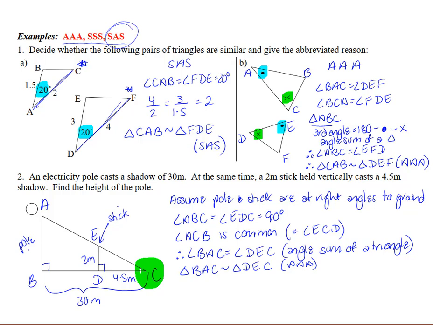So I'm going to let my height of my pole be x. So x over 2, my pole over my stick, has to equal the length of my full triangle. So that's going to be my BC.